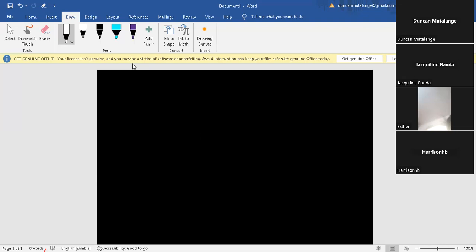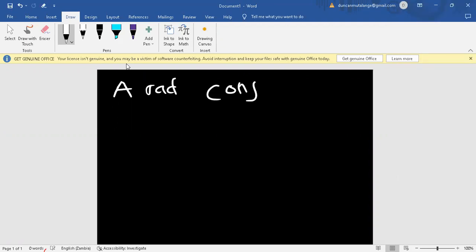Now, let us write this: a radical expression that involves addition or subtraction of the same two terms is called conjugates. And this is the word conjugates.